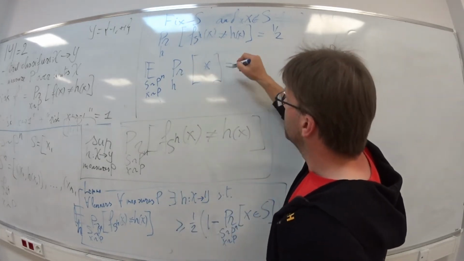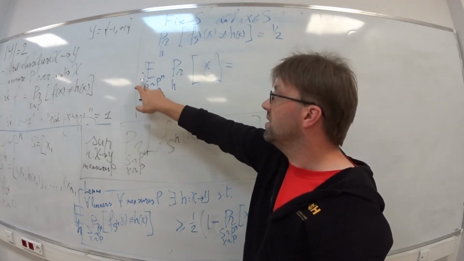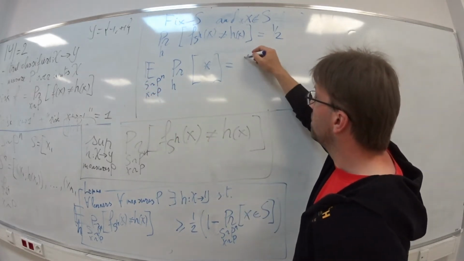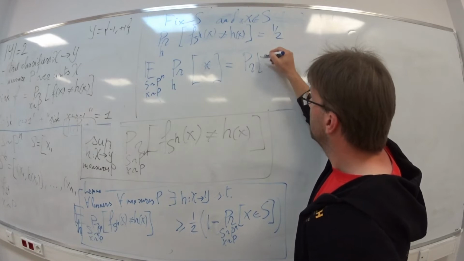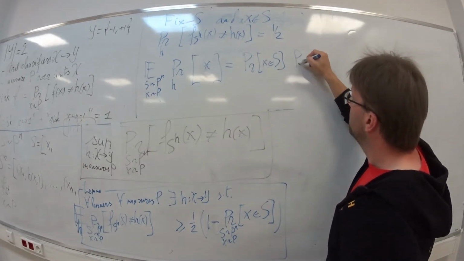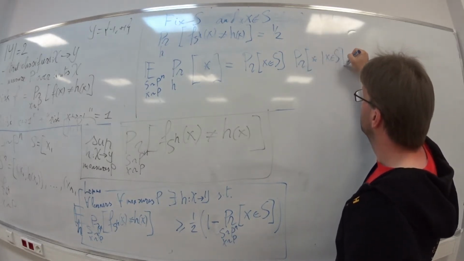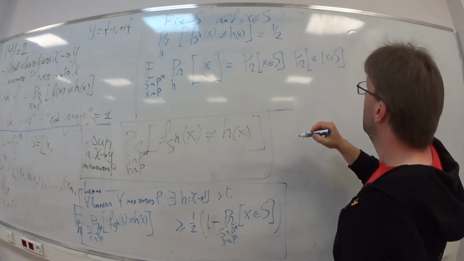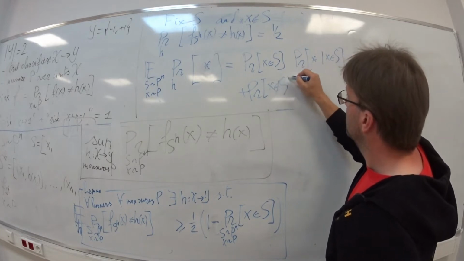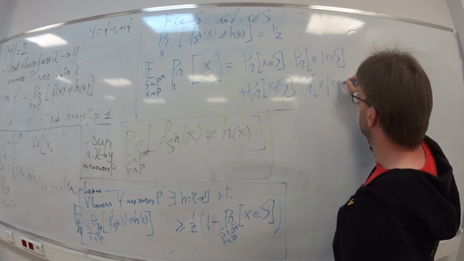For this expected value, we consider two cases: the case where x is in S and the case where x is not in S. So this is equal to the probability that x is in S times the probability of star given x is in S, plus the probability that x is not in S times the probability of star given x is not in S.